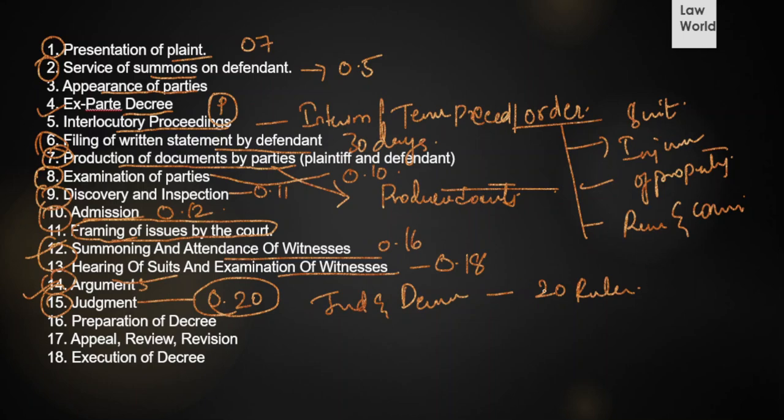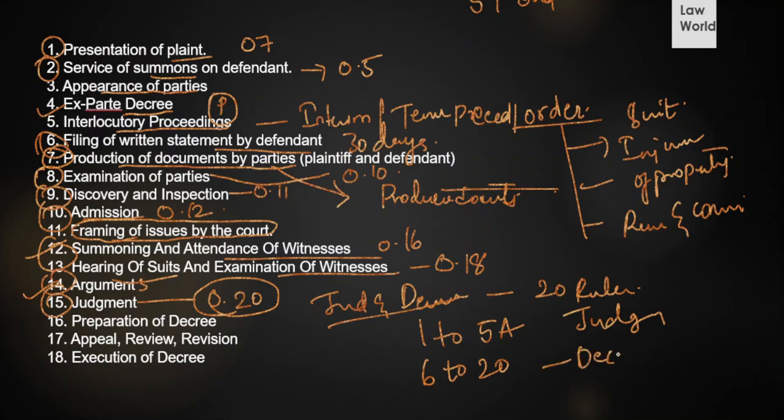Do not get confused, there are 51 orders, and each order has some rules, right? The judgment and decree order has 20 rules, in which rules 1 to 5A speak about judgment and rules 6 to 20 speak about decree.